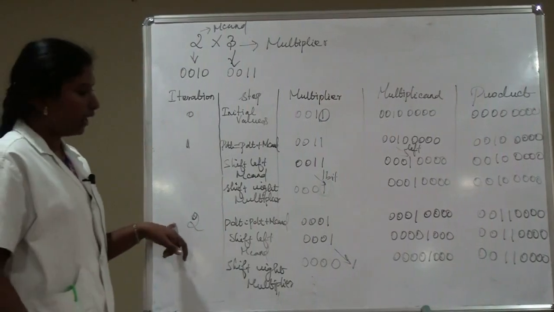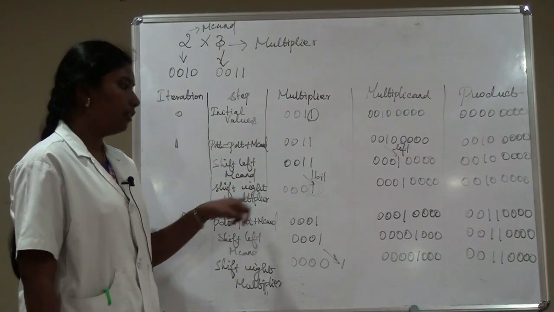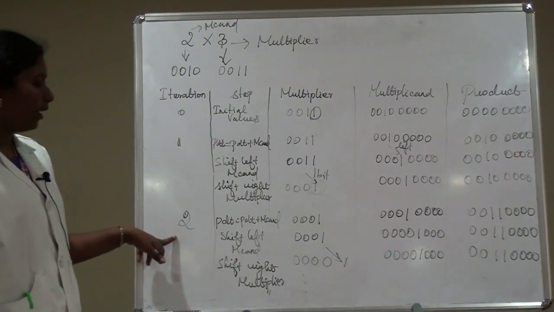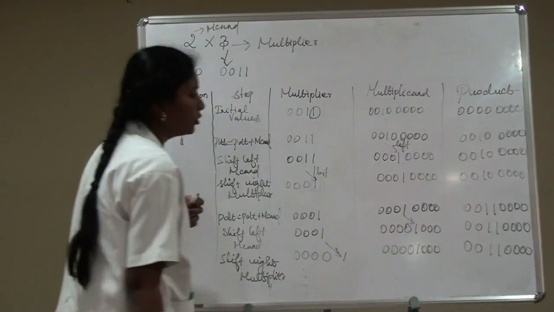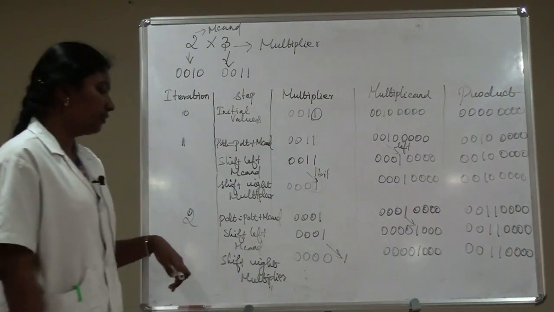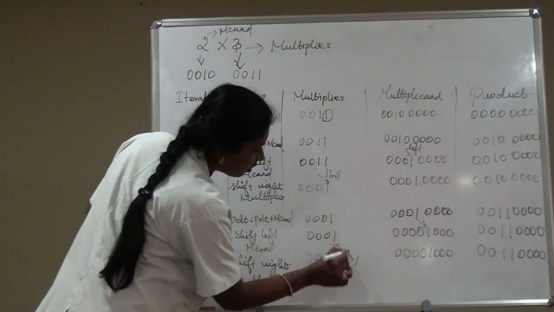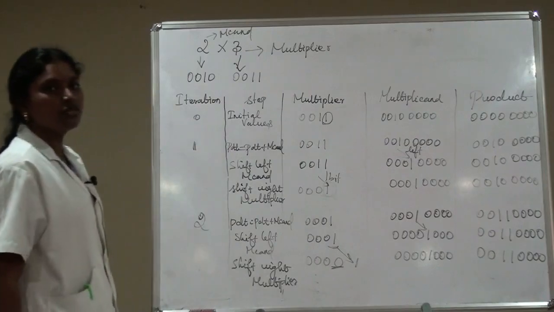Okay, this is my second iteration. In that I have to add product plus multiplicand, then place the result in product. Next I have to shift left the multiplicand value. This is a shift left logical. I have to shift the multiplicand left by 1 bit. Next I have to shift right the multiplier value. In that, the 1 is moved out as the carry value, and it is replaced by bit 0.